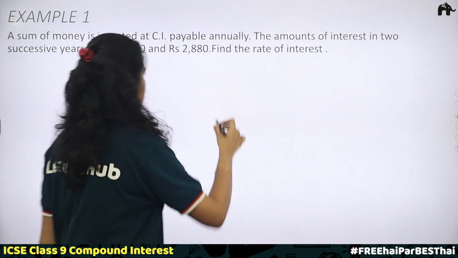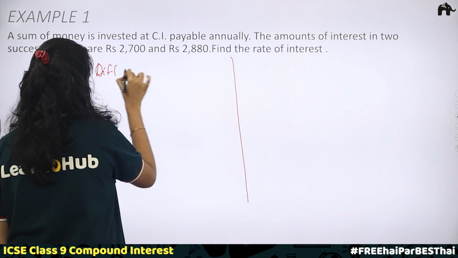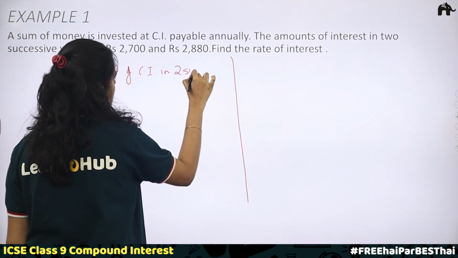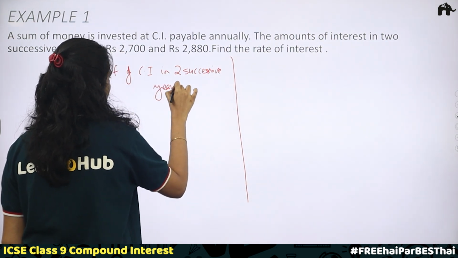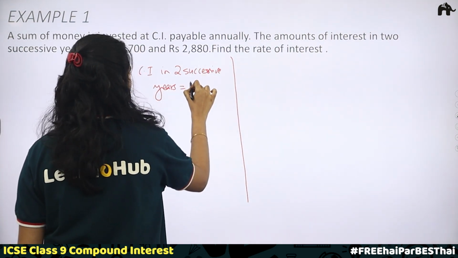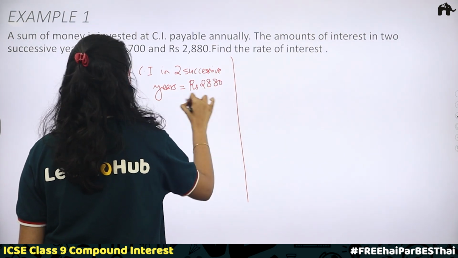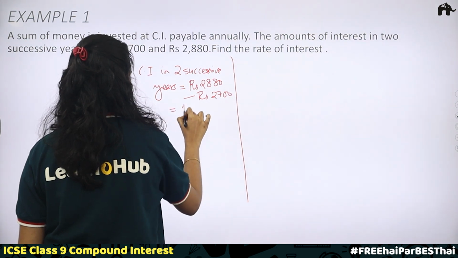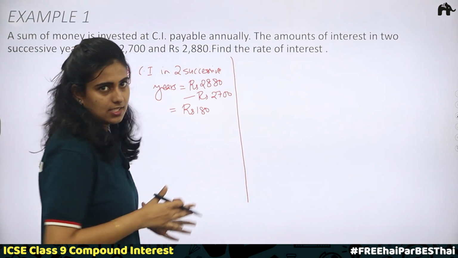So here we are given the difference of compound interest in 2 successive years, which is equal to rupees 2,880 minus rupees 2,700. You will be getting rupees 180. So this is the difference of compound interest in 2 successive years.